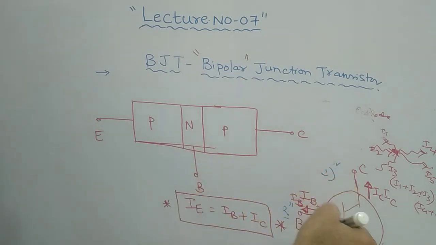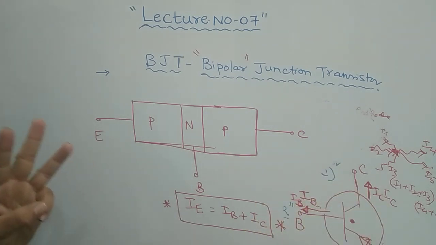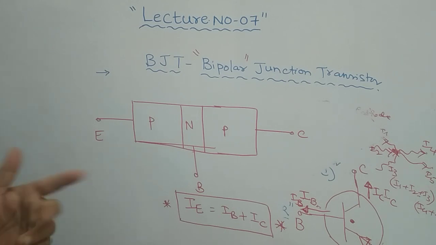So as they have three terminals, these transistors can be operated in three configurations, right? Before going to the configurations, what is the main application of a transistor? How can a transistor be used, or why can it be used? What is the basic purpose of a transistor? The basic purpose of a transistor is that a transistor can be used as an amplifier, right?